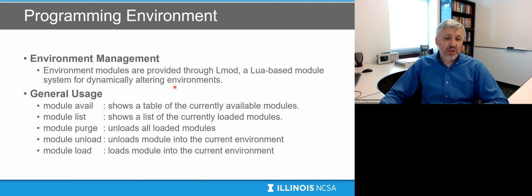And so typically when you log in into the system, you choose which modules or which components to use, which versions of different tools to use, by using the module command. The module avail command will show which modules or packages are available. You can list the ones which are currently loaded. You can unload and load specific modules that you need.